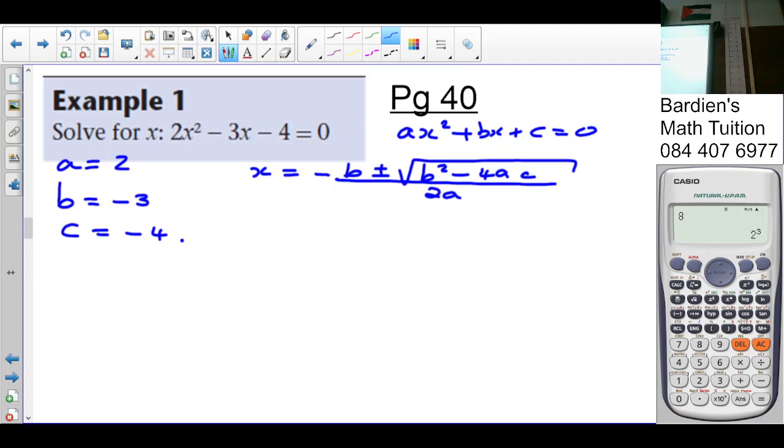Now what I want you to do, wherever you see an a, you put a 2. Wherever you see a b, you put negative 3.